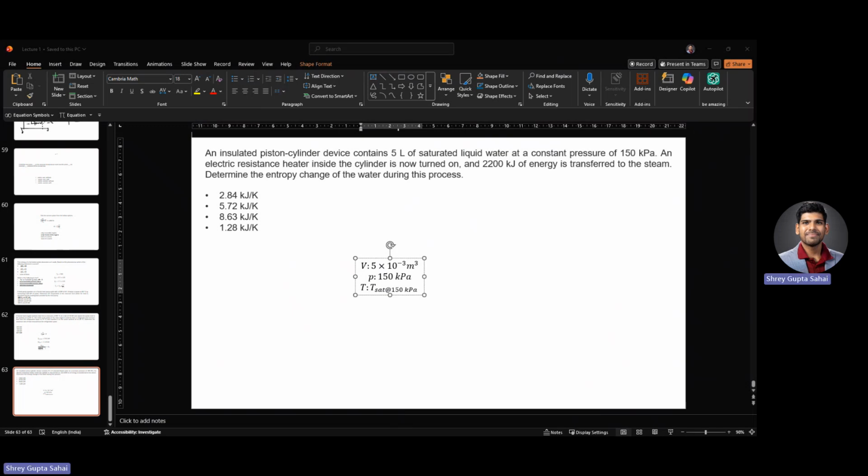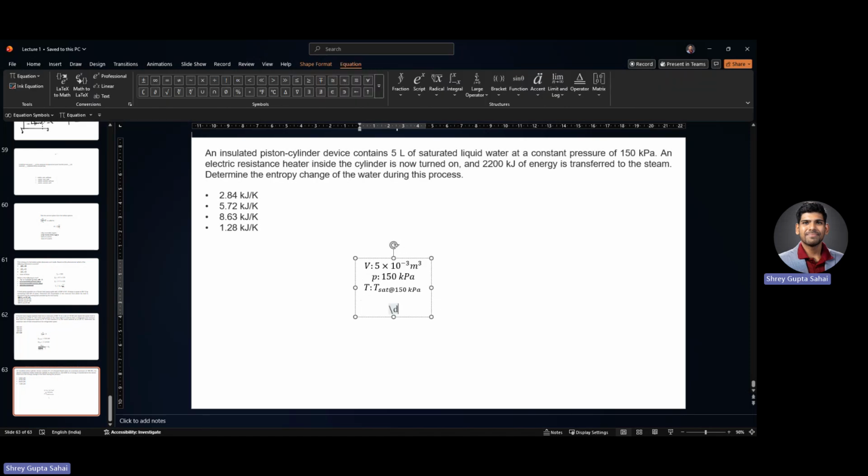Now an electric resistance heater inside the cylinder is turned on, and this much energy is transferred to the system. Note that there cannot be any work done because this is not a flow process, and it's a control mass process, so work done is zero.